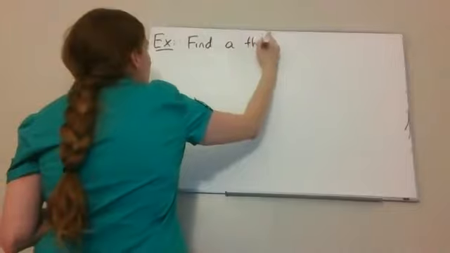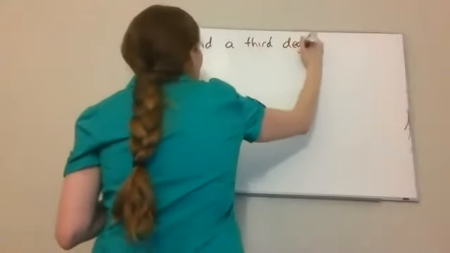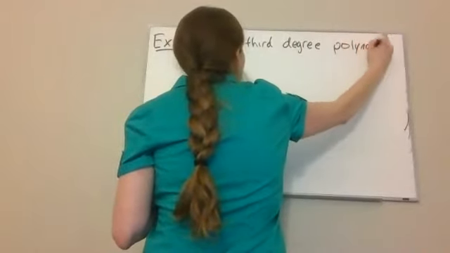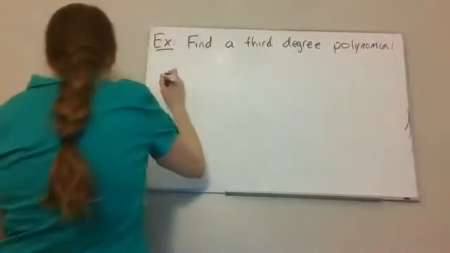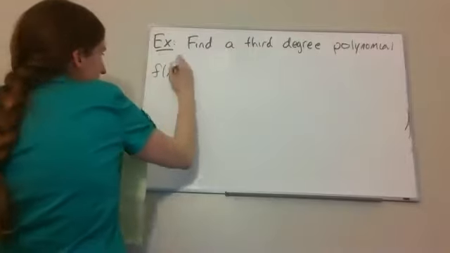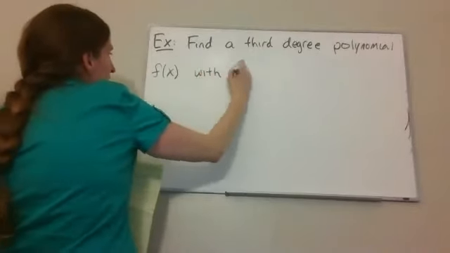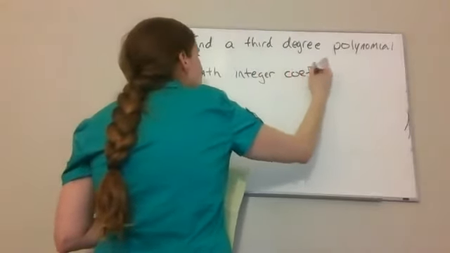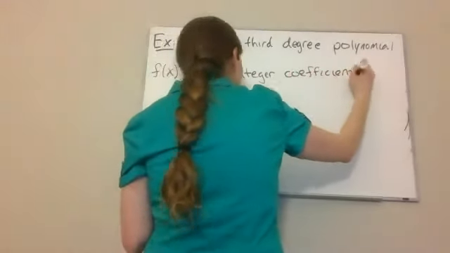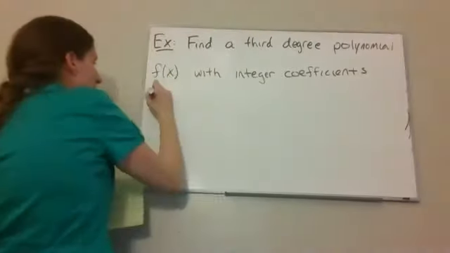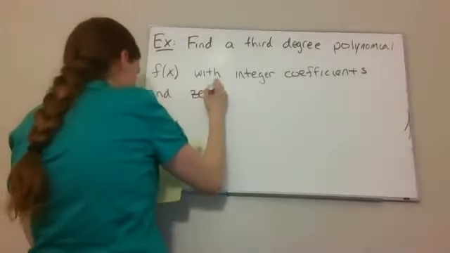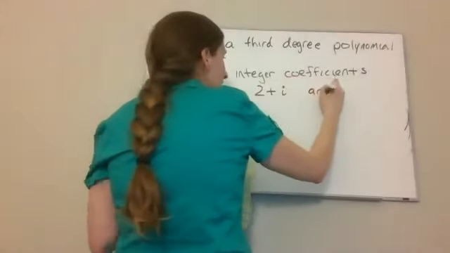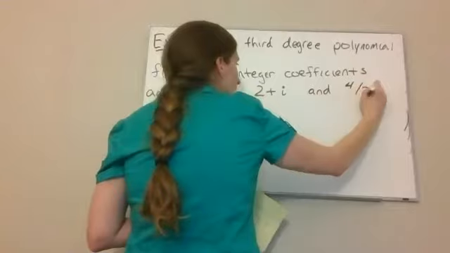Find a third degree polynomial f of x with integer coefficients and zeros 2 plus i and 4/3.